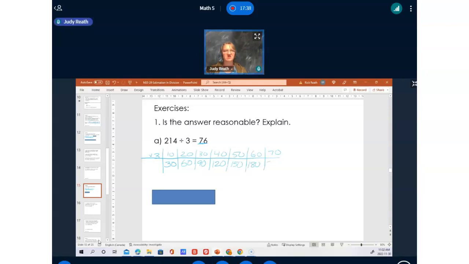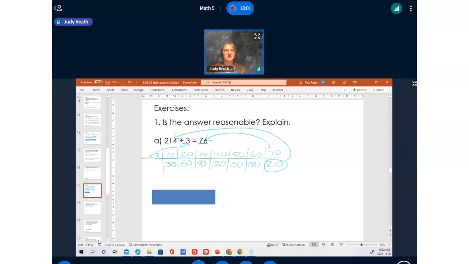3 times 70, 210. So is 210 close to 214? We've got our 3 here and our 70 here. It is close, isn't it?